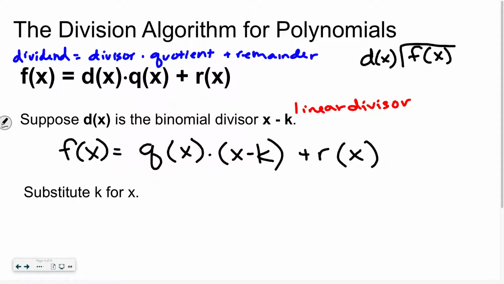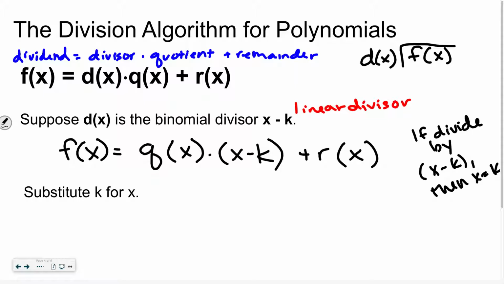So if you're dividing by x minus k, what's my x? If you're dividing by x minus k, then what you're saying is x equals k. So we would divide by the zero of that linear factor.